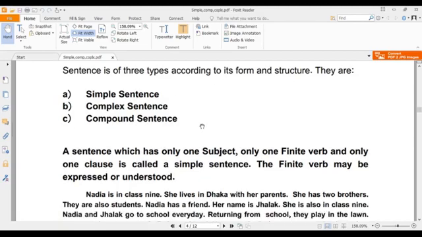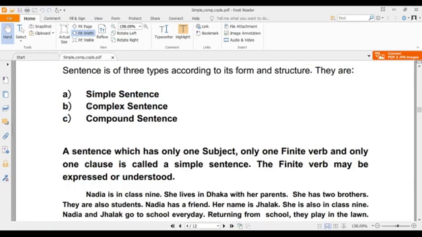Earlier we have known about the structure of the simple sentence, where a simple sentence contains only one subject and predicate or a finite verb. That is, a main clause only; a main clause contains a simple sentence.